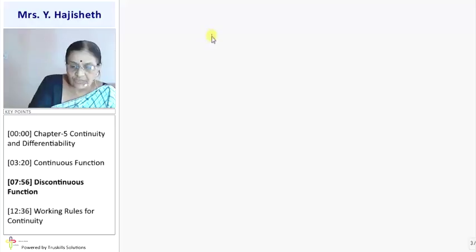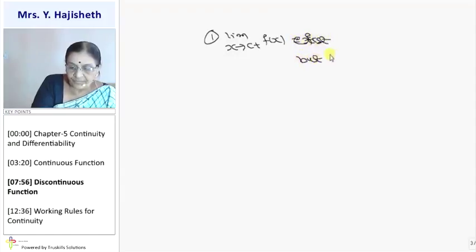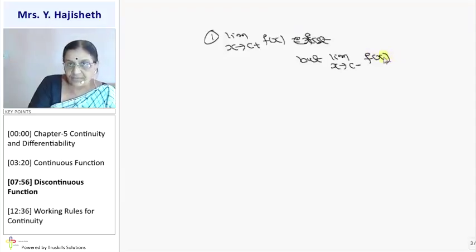Suppose the first condition: its limit does not exist, meaning the right-handed limit exists, but limit x tends to c plus and c minus of f(x) both exist, and both are not equal.